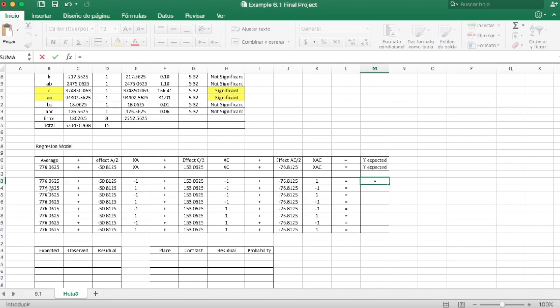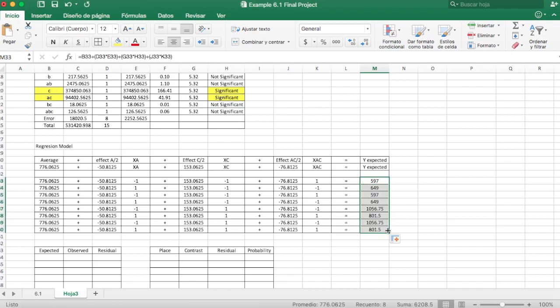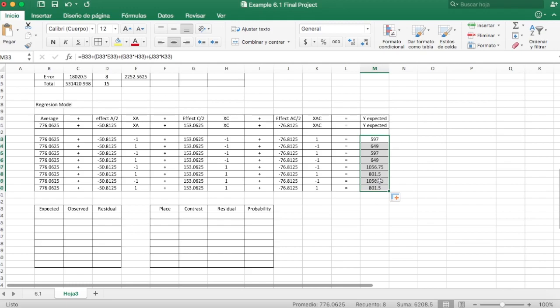So you have it here, and then in this cell you just do the operation, that is the average plus the effect of A over 2 times XA, plus the effect of C over 2 times XC, plus the effect of AC over 2 times XAC. And here we have our expected results.